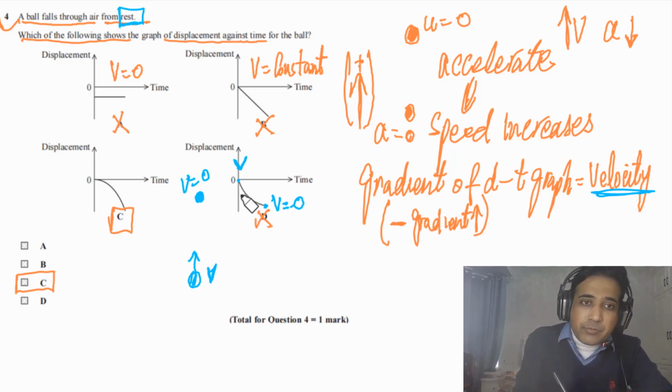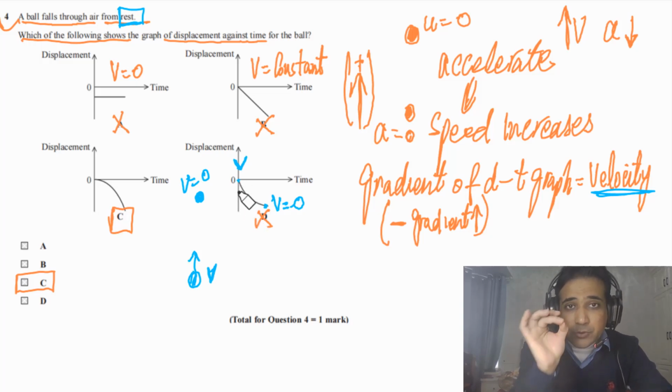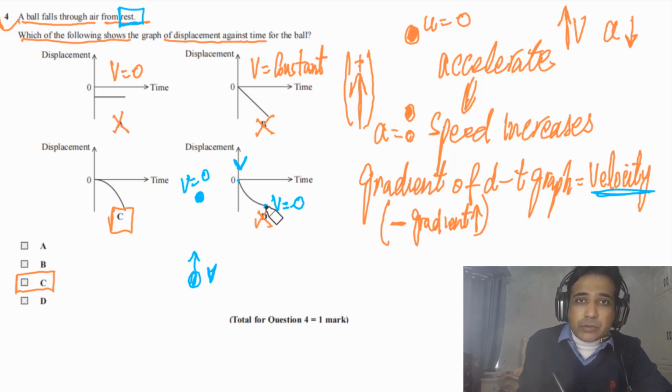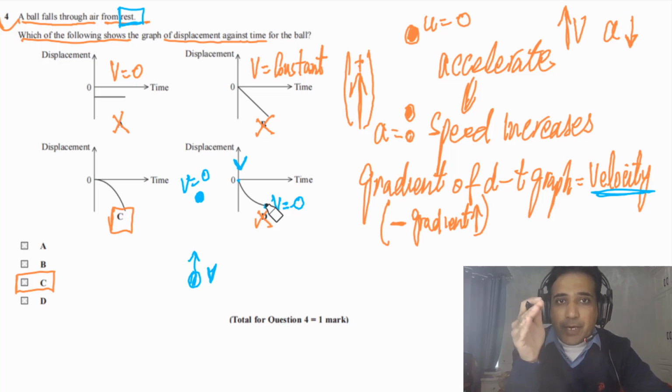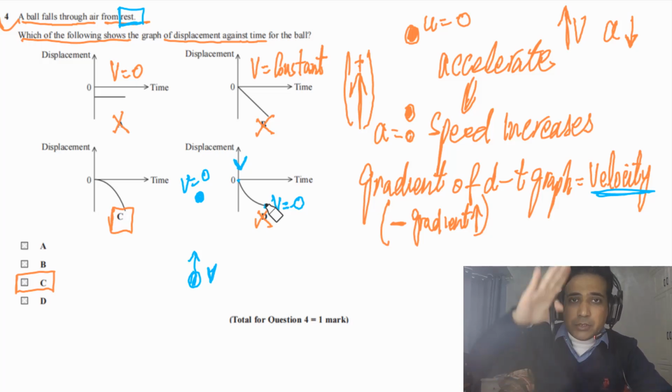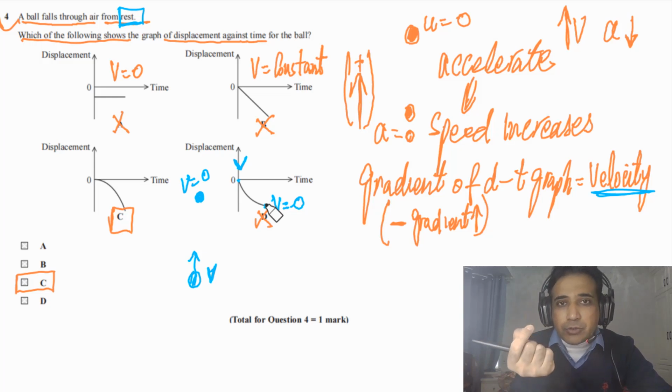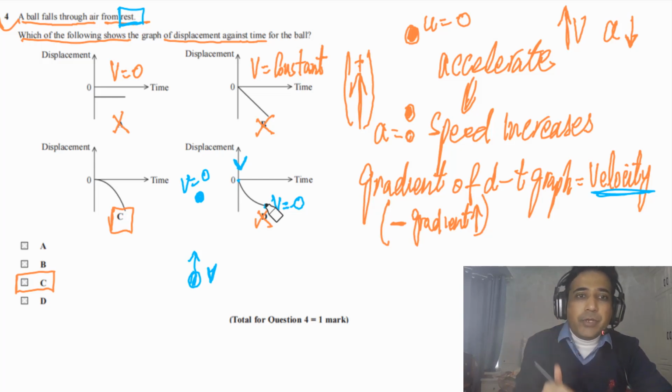The gradient at time t equals 0 has to be equal to 0 because it started from rest, and the final velocity should have some value because in the air it will reach terminal velocity, and terminal velocity will not be 0. So the answer for this question is C. I hope it is very clear now.